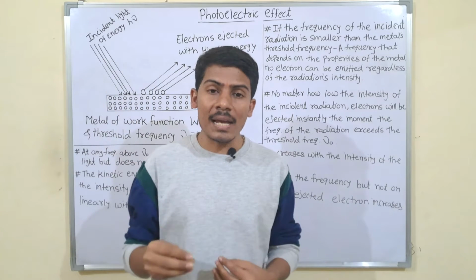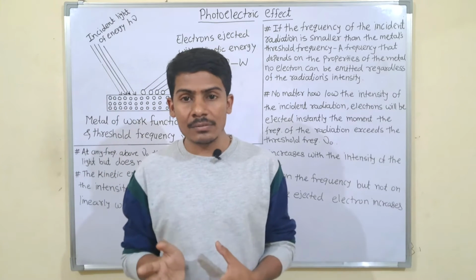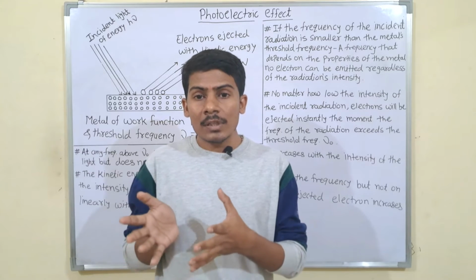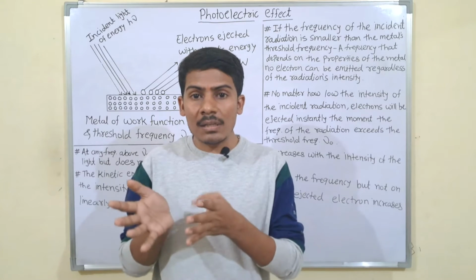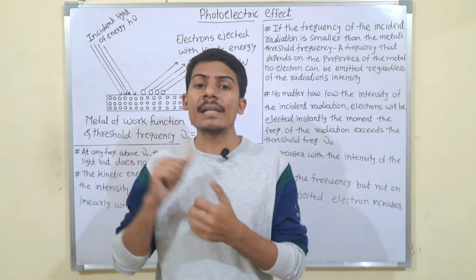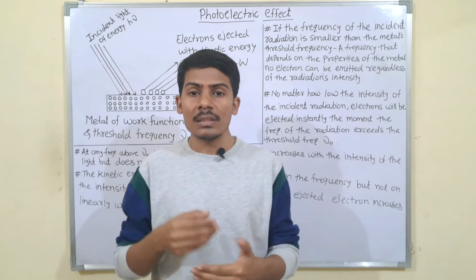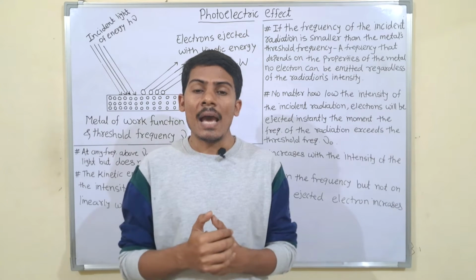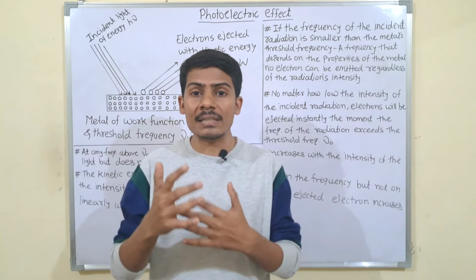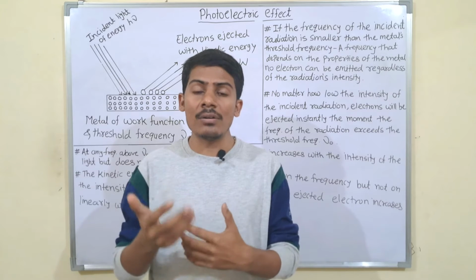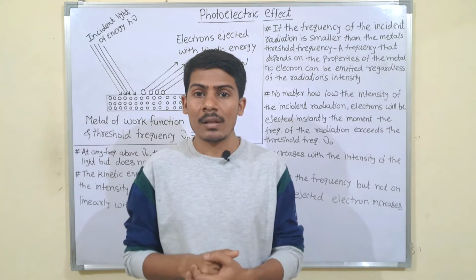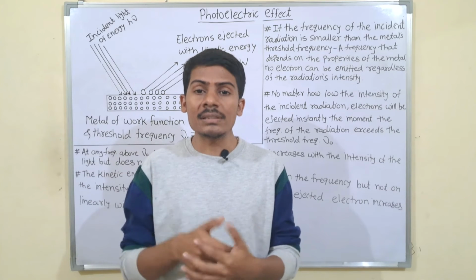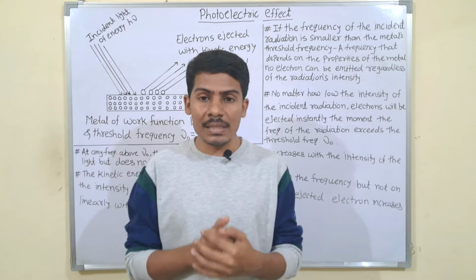Then after that, in 1905, Sir Einstein did the practical experimental work on the photoelectric effect and gave some key points on it, and he briefly discussed the photoelectric effect: what those points are and how it actually works.